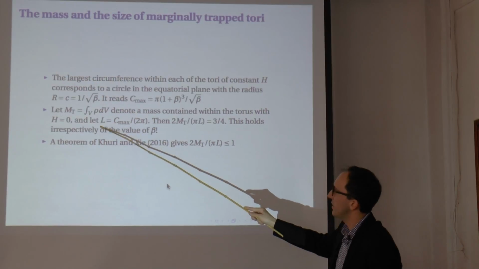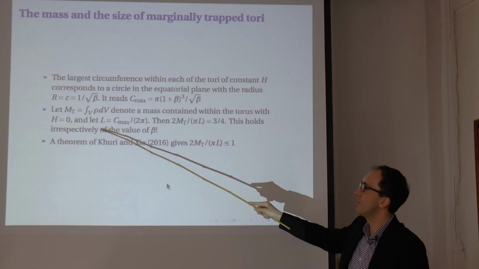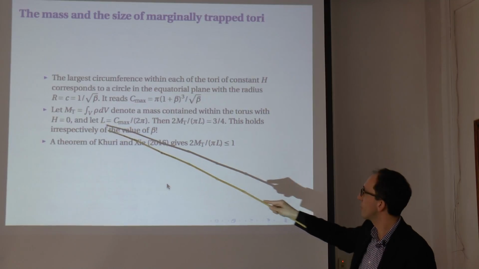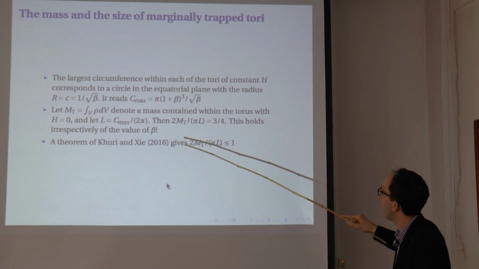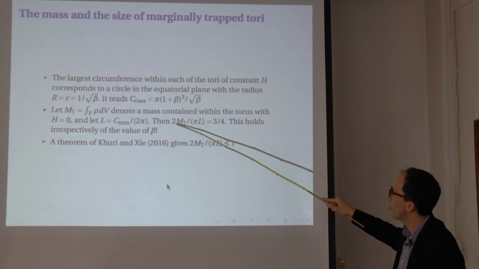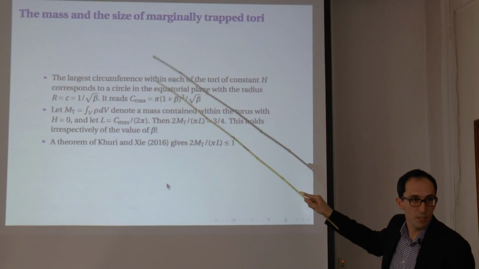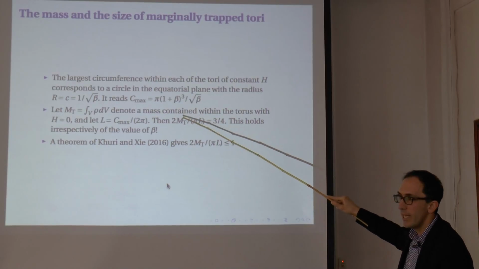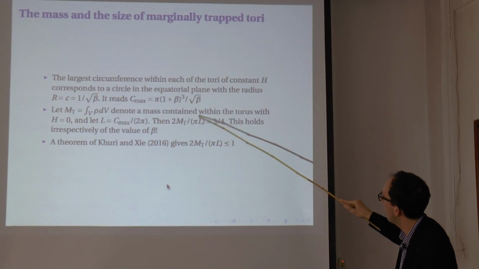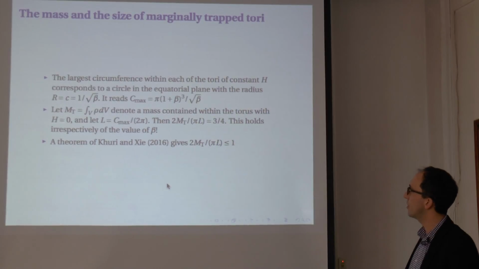So you define your radius, the measure of the size of your configuration, as the circumference divided by 2 pi. Then it turns out that for all those tori, irrespective of beta, 2 times the mass in the torus divided by pi times L is always 3/4.